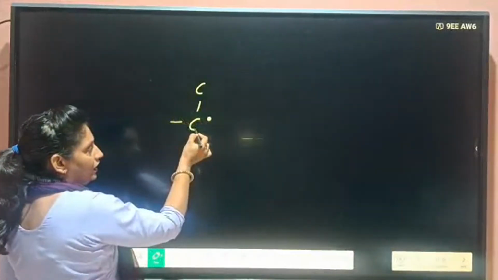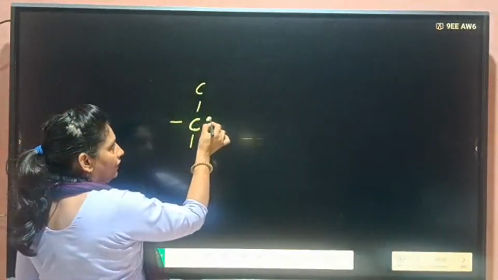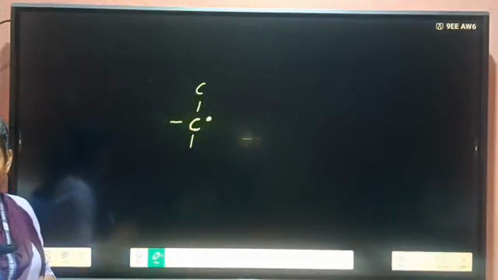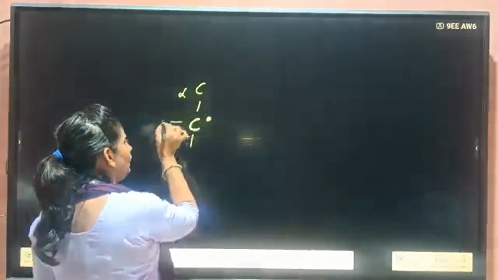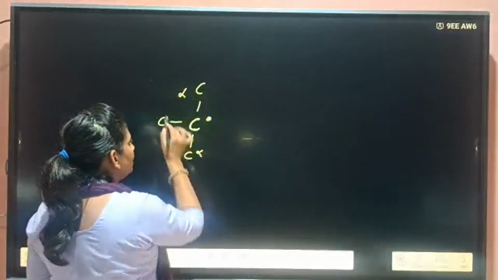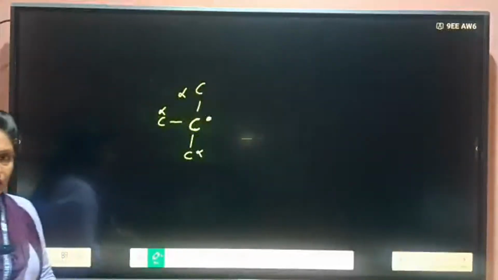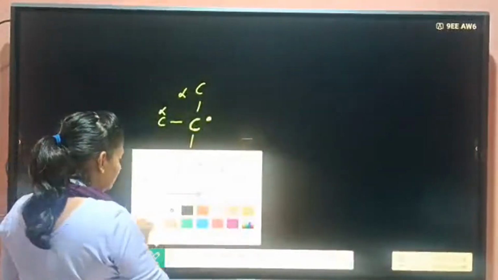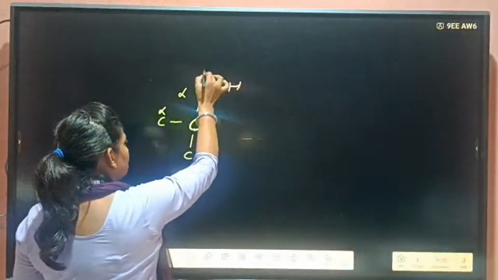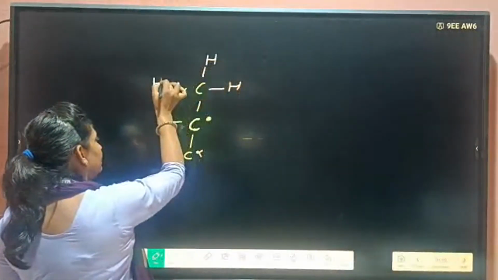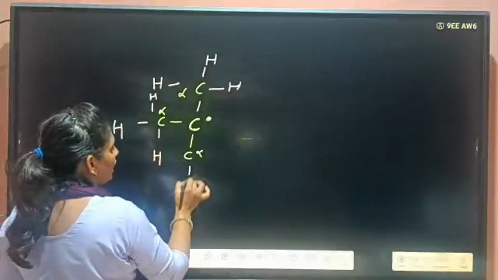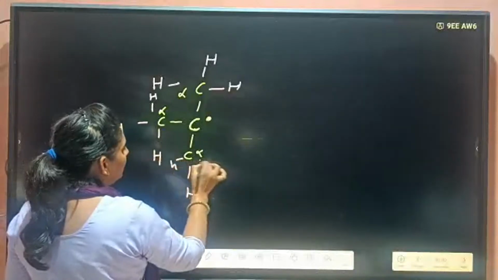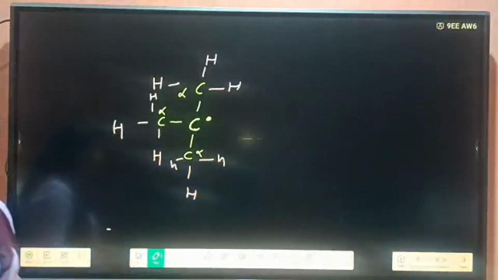If this carbon has the odd electron, then the adjacent carbon is known as the alpha carbon, and the hydrogens attached to it are known as the alpha hydrogens.